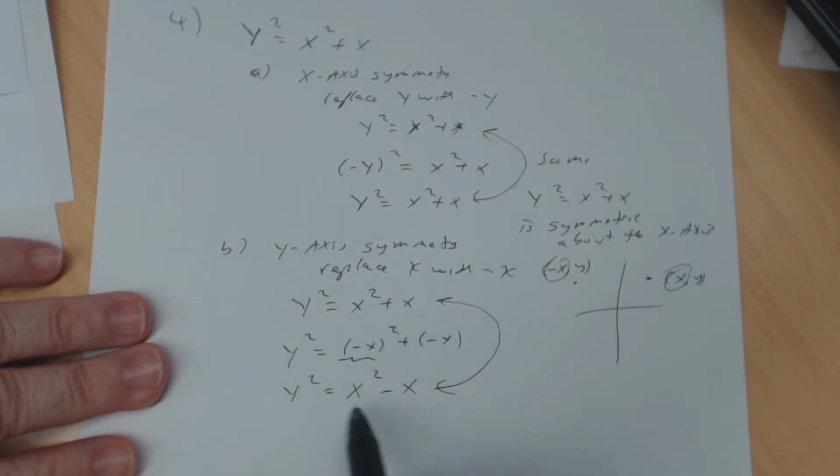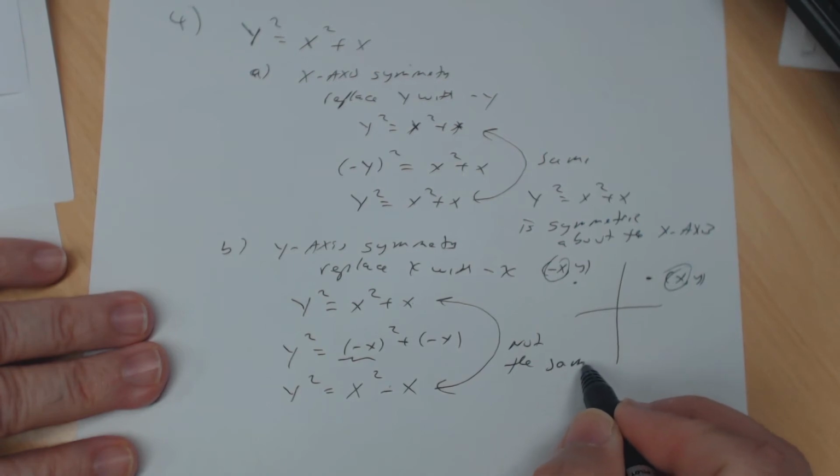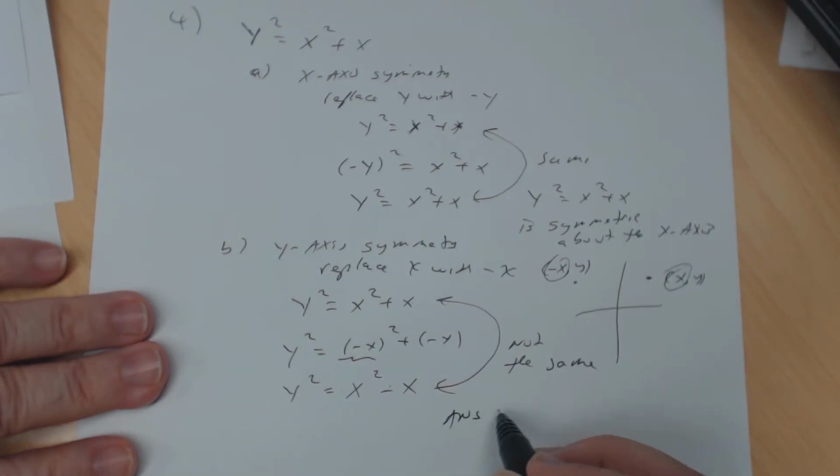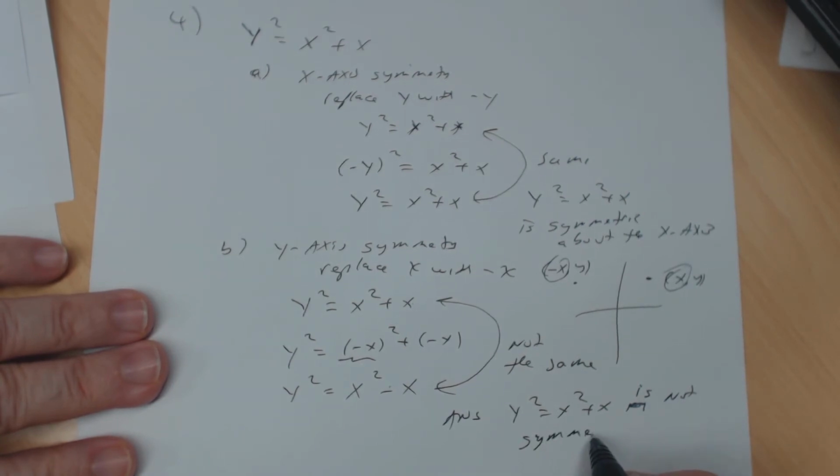The answer is no, because of that x, this is negative x. So not the same. So y squared equal x squared plus x is not symmetric about the y-axis.